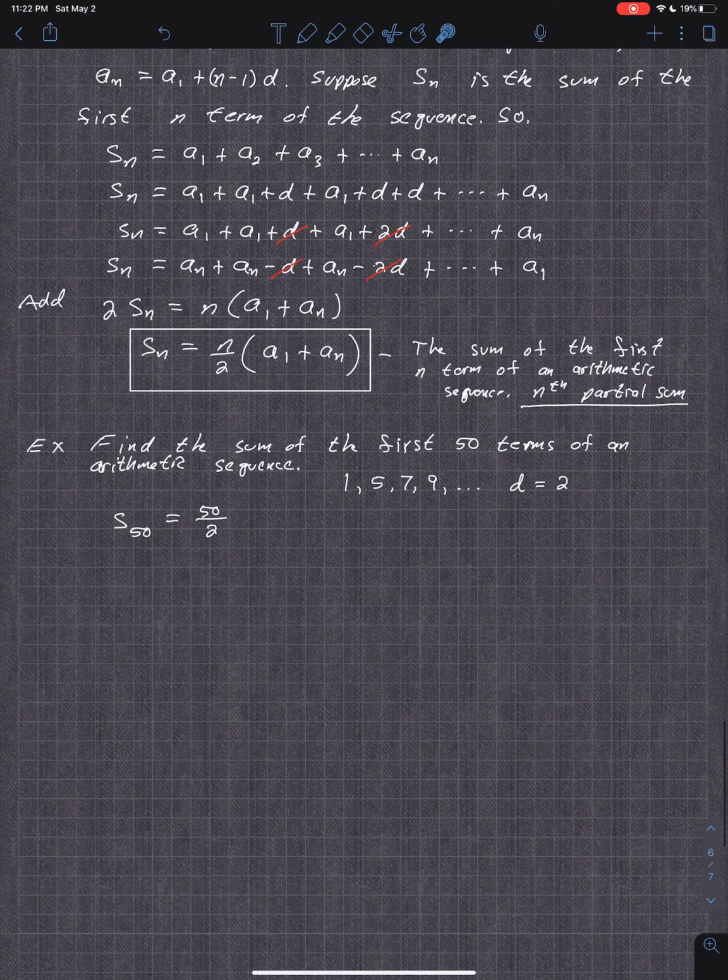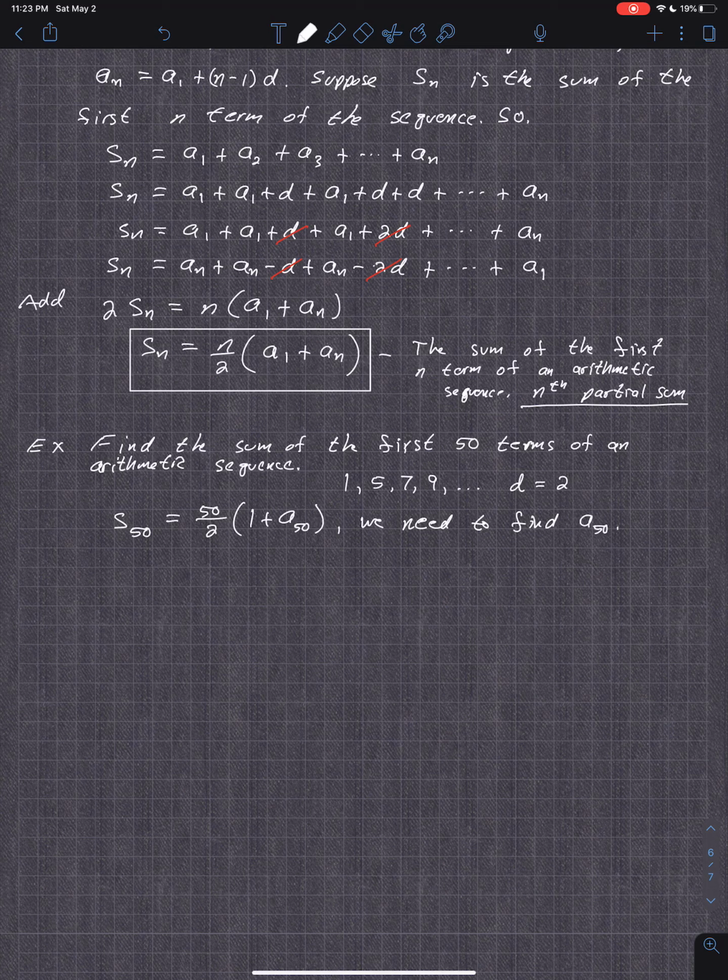And it's the first term plus, well, we don't know a sub 50. Right? We don't know what this one is here. Well then, what are we going to need to do? We need to determine what it is. We need to find a sub 50.